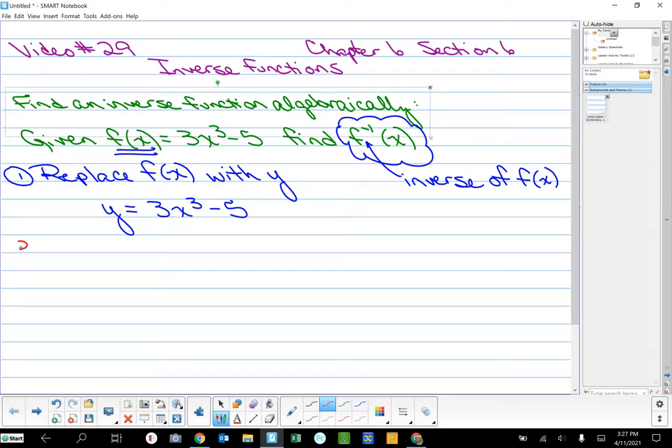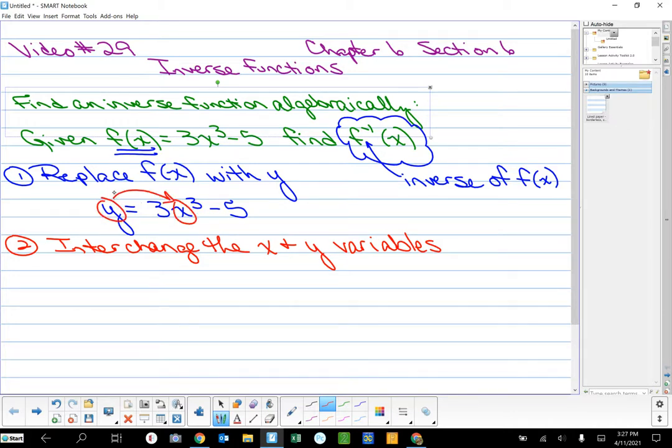And now step 2, you are going to interchange the x and y variables. And so that means I'm going to take this one, and they're going to change places in the equation. So this is going to look like x equals 3y cubed minus 5.